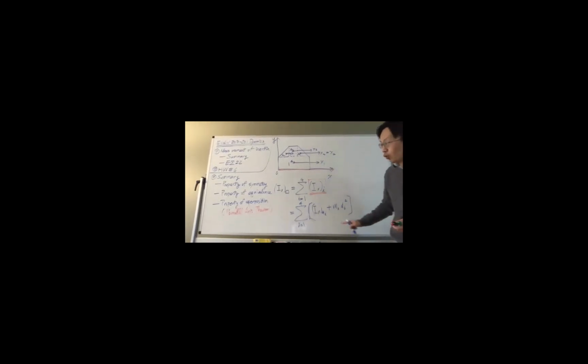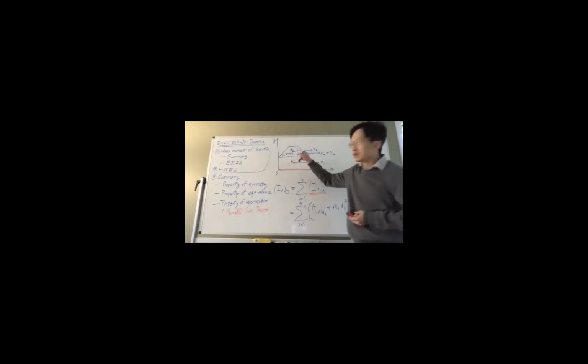This is what we call the property of superposition, because the center of a complicated object like this one is usually not the center of the individual shapes. That's usually not the case, which is why you always have to calculate this one by one.